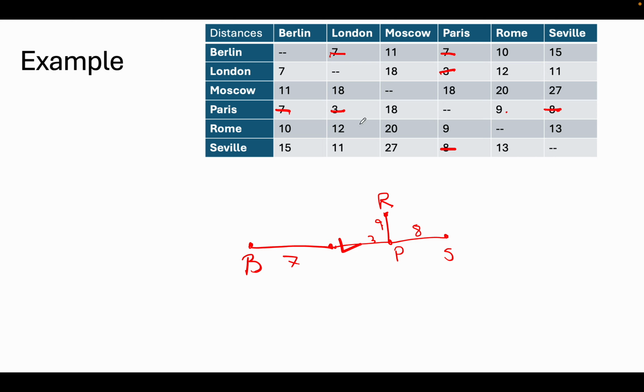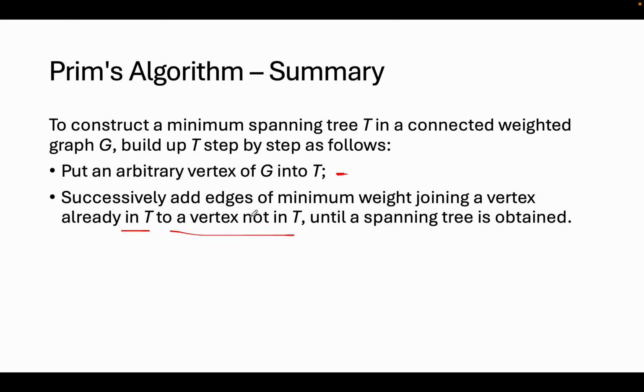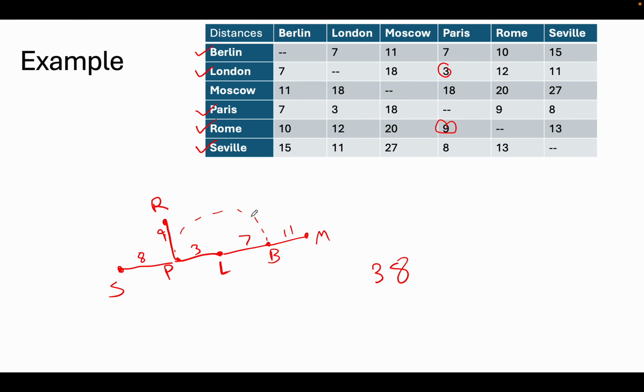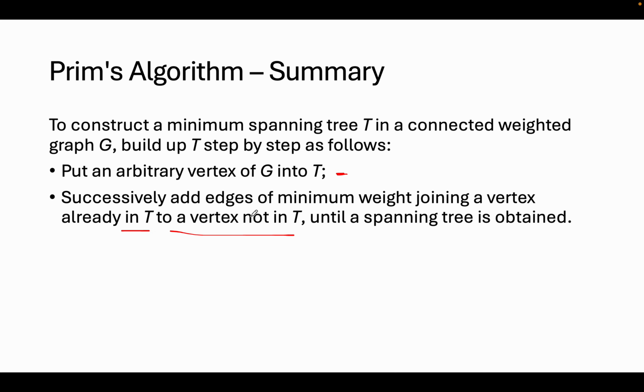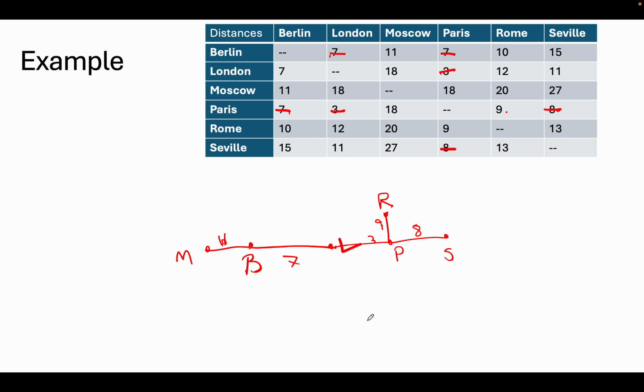I think that's 11 from Berlin. That's 11. To me, that looks like the same exact tree that we got before. Yeah, I think we just flipped it around. So it's just an algorithm to construct it in a different way.